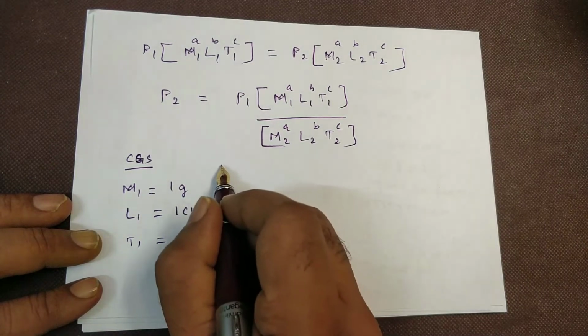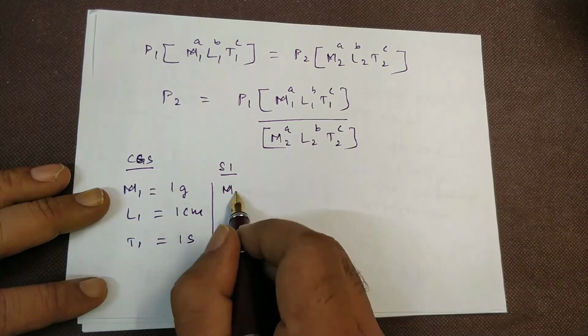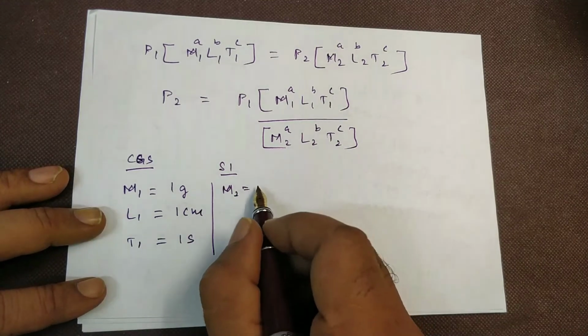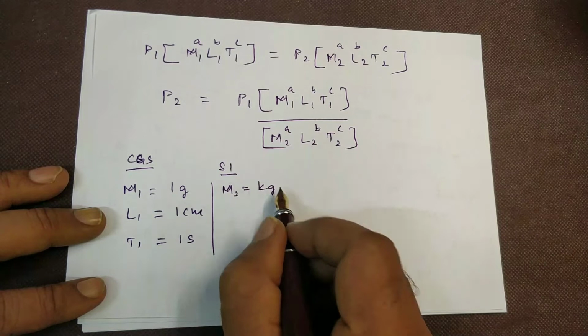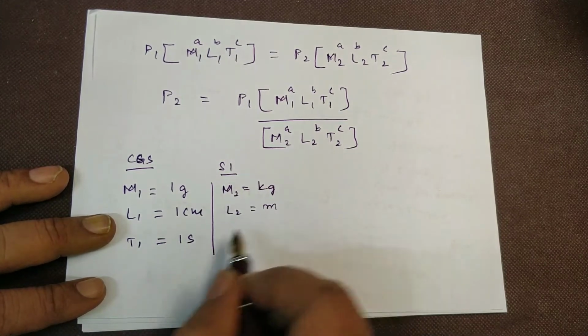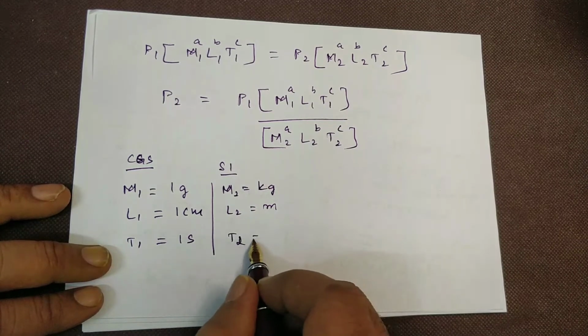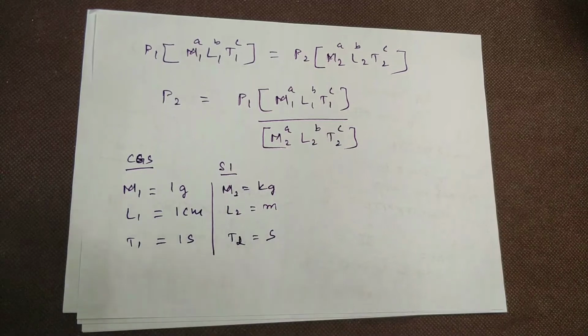Similarly, in SI unit, M2 is how much? 1 kg, L2 is 1 meter, T2 is 1 second only. Okay.